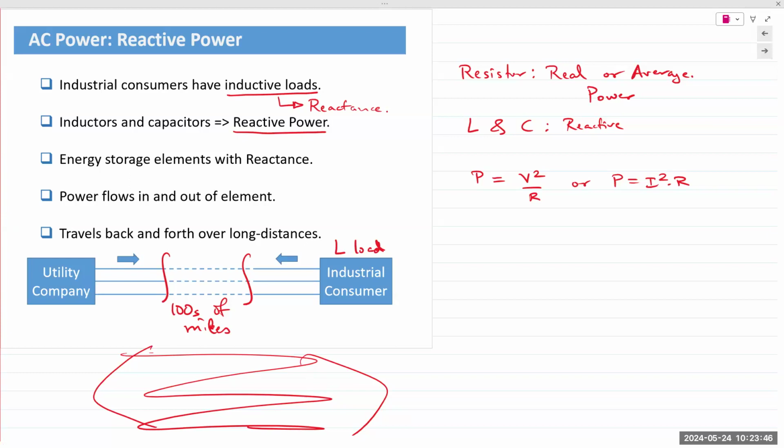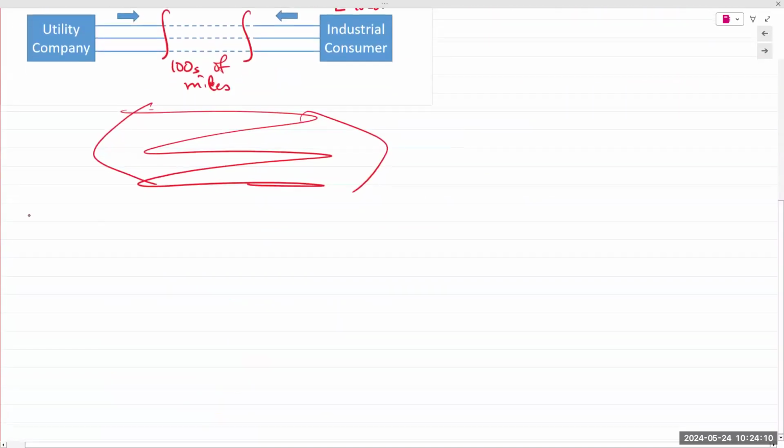So for an inductor, what happens is, it uses some portion of the incoming current to set up its reactance in the magnetic field in the positive half cycle, right? For an inductor, let's say you are a customer and the switch is flipped for the first time, meaning the machine comes online and it requires a certain amount of energy.